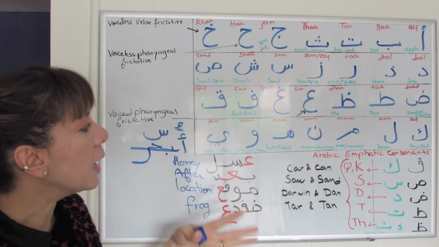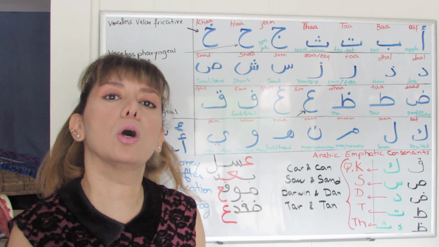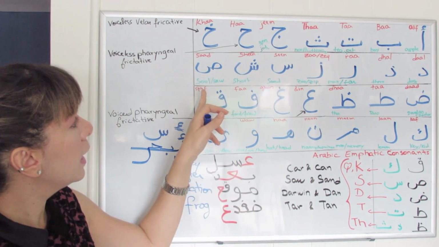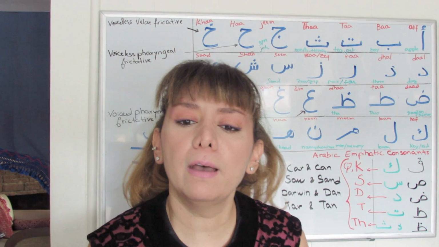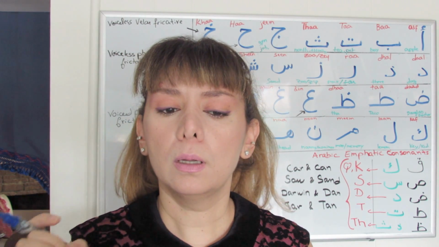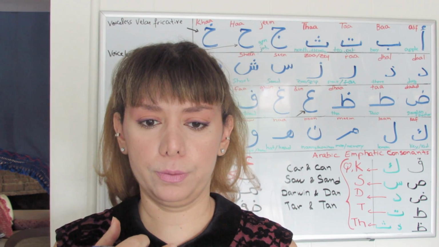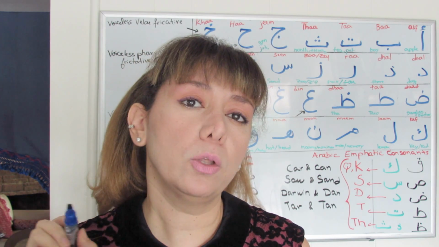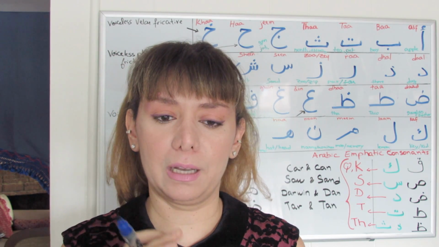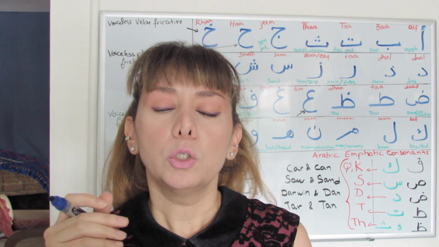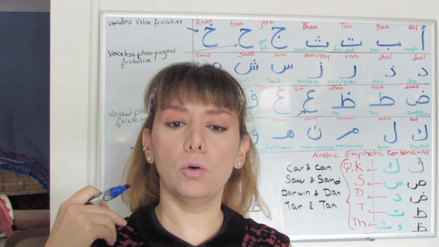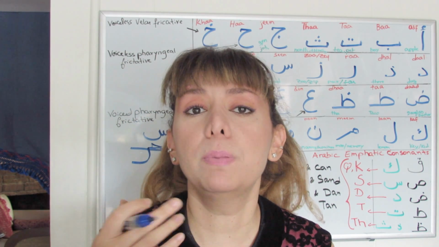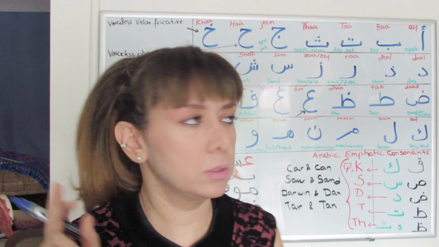Sad. Sad is an emphatic consonant. Sad and seen have the same place of articulation. But when the letter is emphasized, like sa, your tongue moves to the back of the pharynx, which deepens or rounds out the sound.